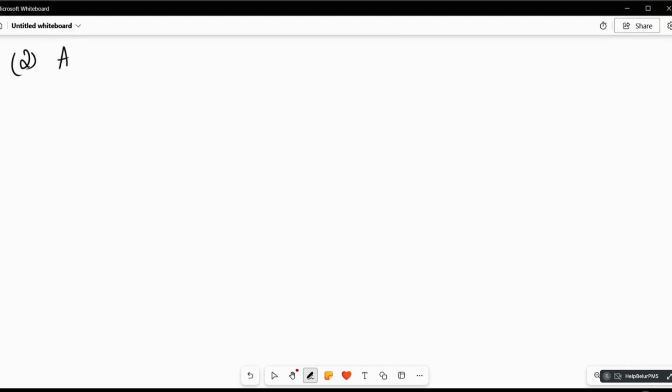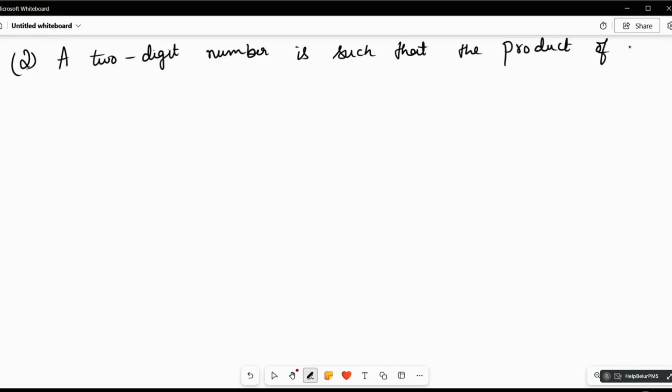A two digit number is such that the product of its digits is 14.